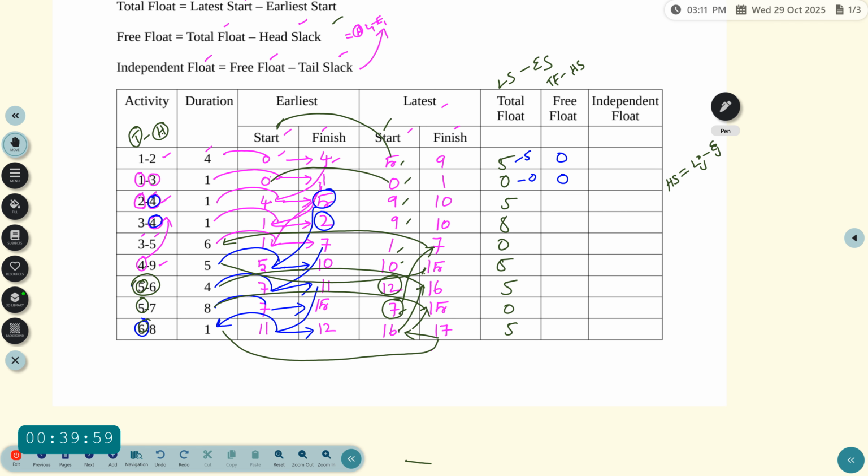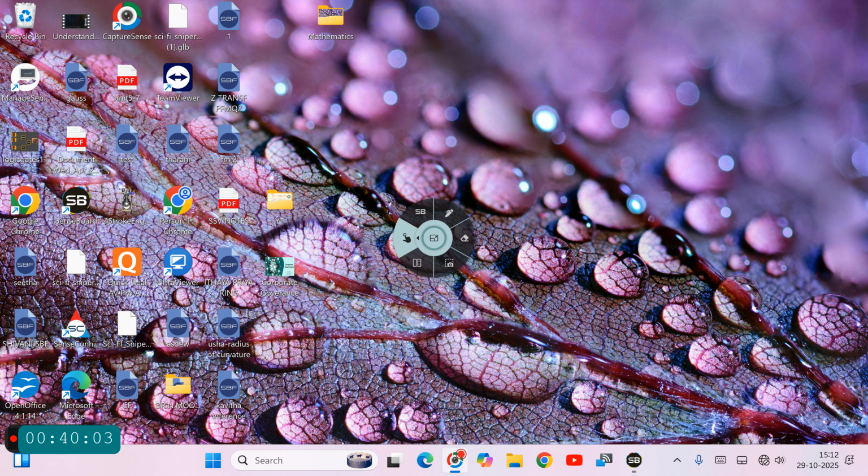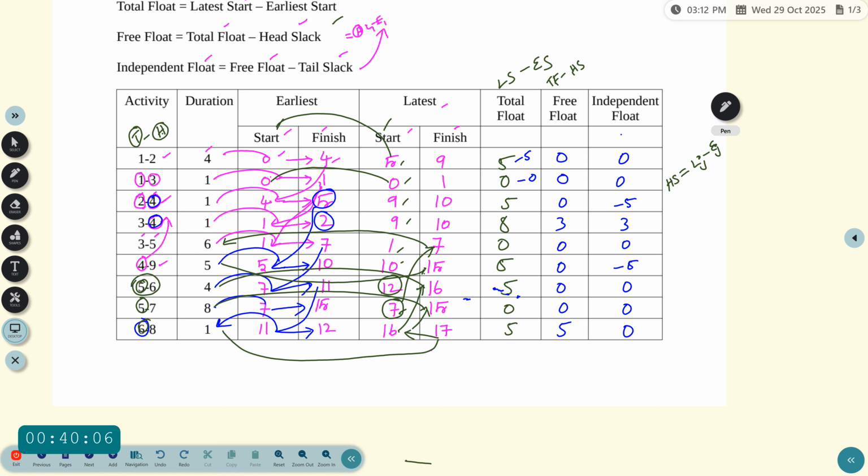Next activity 2 to 4. Check the event head and tail. Similarly, we find all the values, and then go to the independent float using the formula free float minus tail slack.